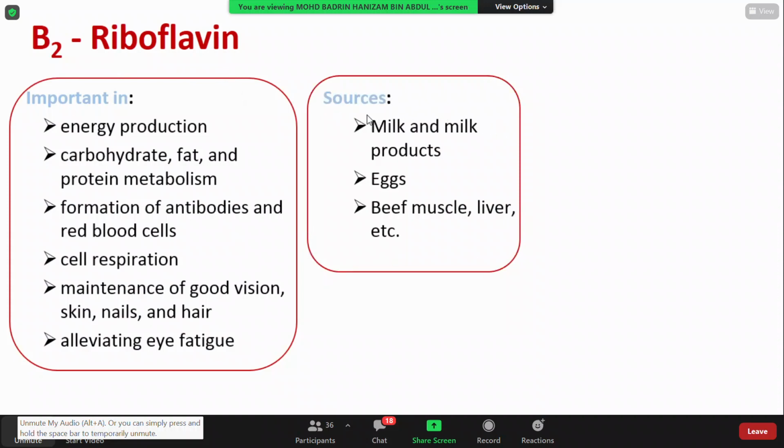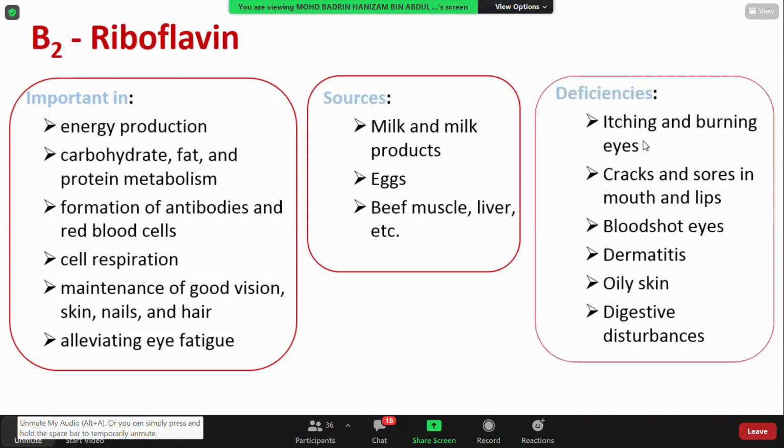So where can you get this riboflavin? The food that contains a high amount of riboflavin, such as milk and milk products, cheese, and so on, eggs, beef, muscle, liver, etc. So, more or less, riboflavin can be found in the animal source.